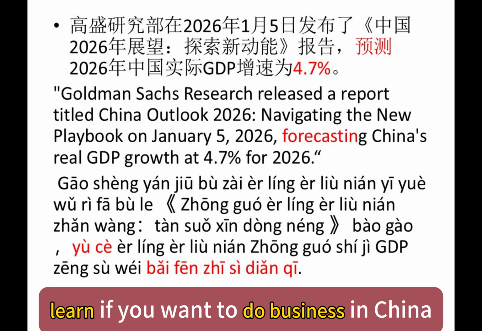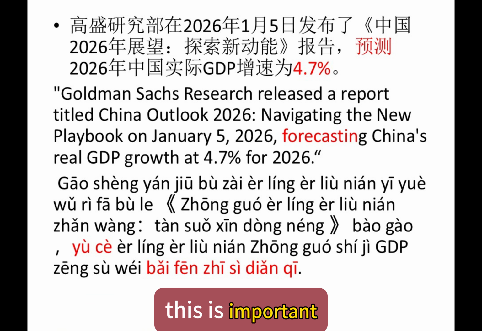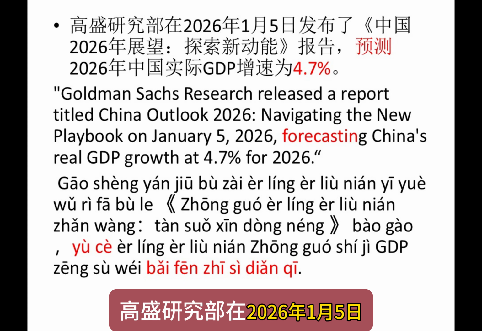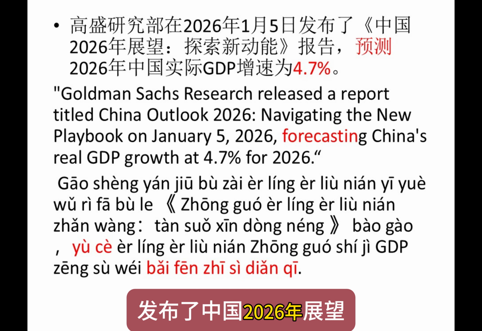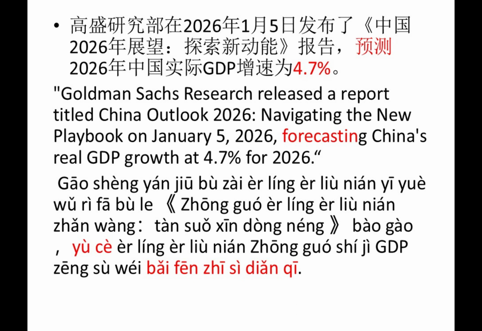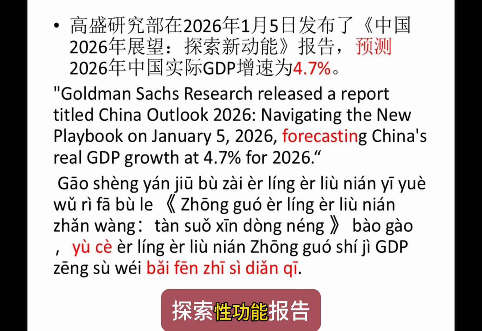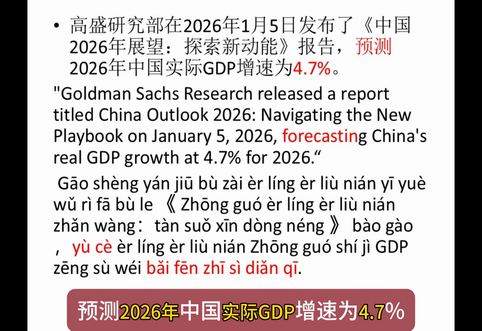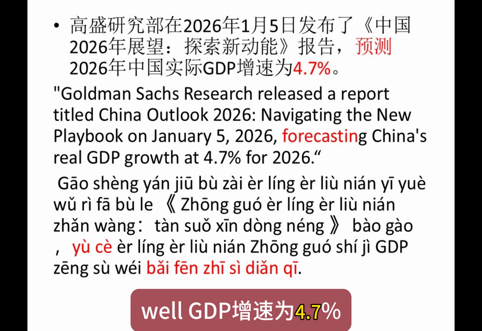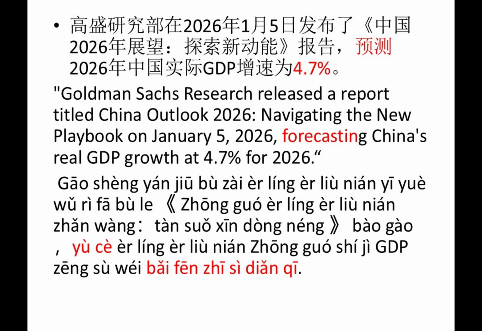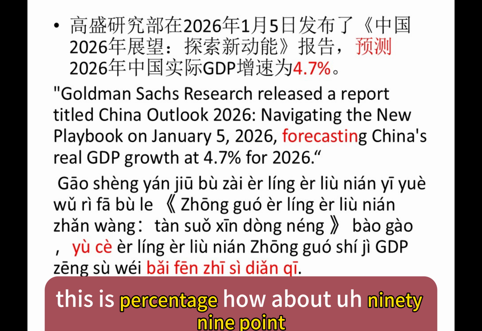You know, if you want to do business in China, this is important. 高盛研究部在2026年1月5日发布了中国2026年展望探索新功能报告，预测2026年中国实际GDP增速为4.7%。Well, GDP 增速为 4.7%. Yes, this is percentage.